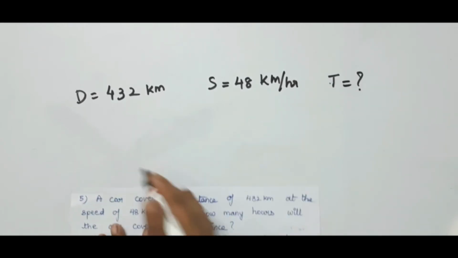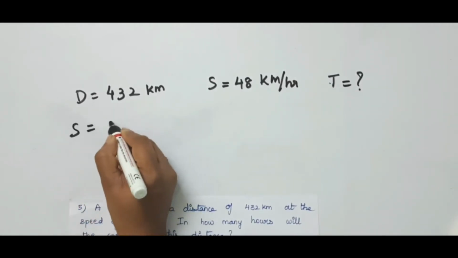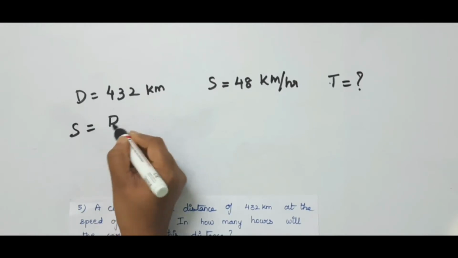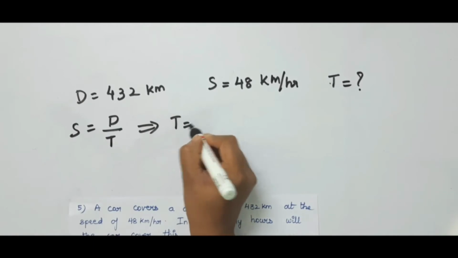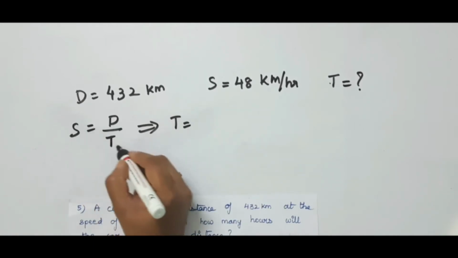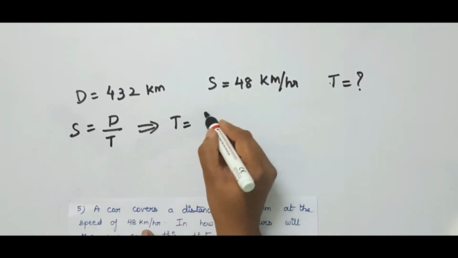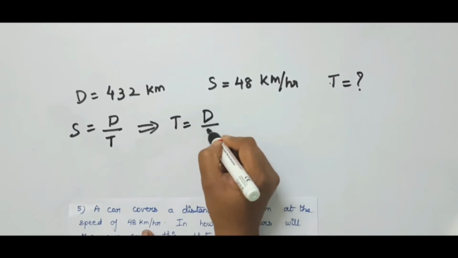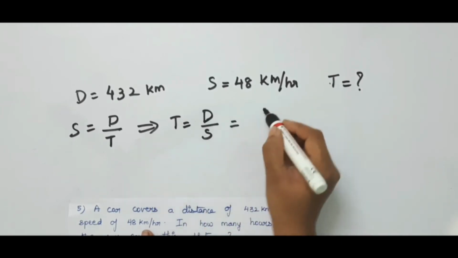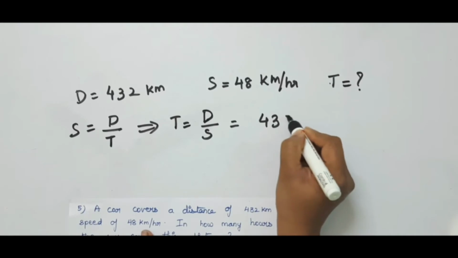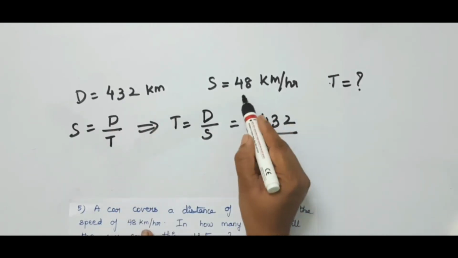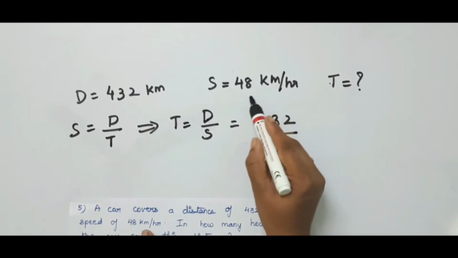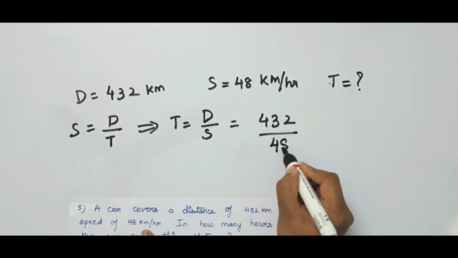So we know that the relation between the speed, distance and time is speed is equal to distance by time. We need time. So time is equal to, bring this time to this side and speed to here. So this becomes distance by speed. The distance is given as 432 kilometers, and speed is given as 48 km per hour.